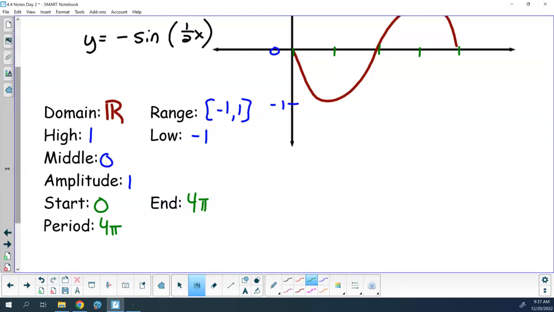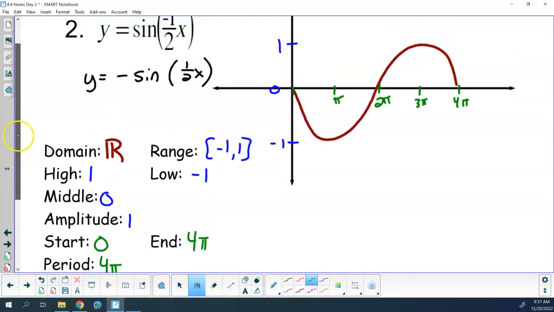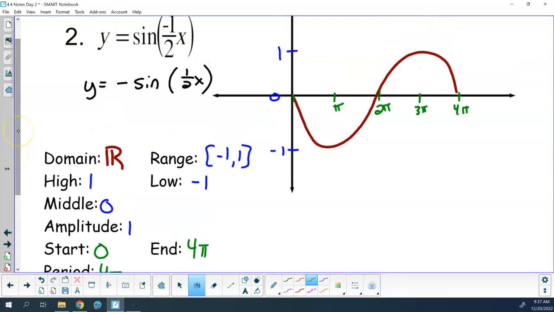It's not. Nope. Because it would have been the absolute value of b. All good?